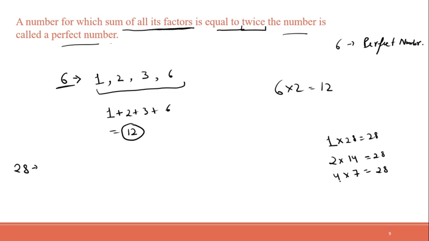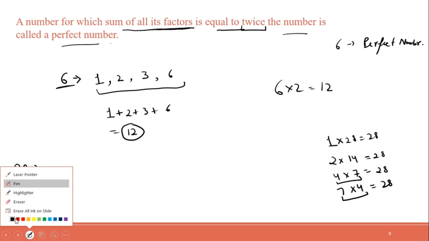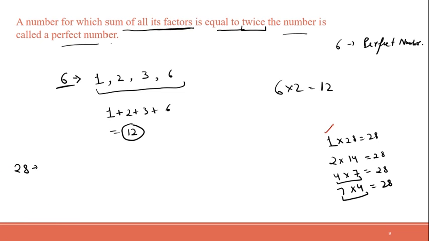Now 5 will not divide, then 6 will also not divide, then 7. 7 into 4 is 28. That means we have reached the point where these two numbers are the same. So I can say that only these are the six factors of 28: 1, 28, 2, 14, and 4 and 7. So I can write it here: 1, 2, 4, 7, 14 and 28.